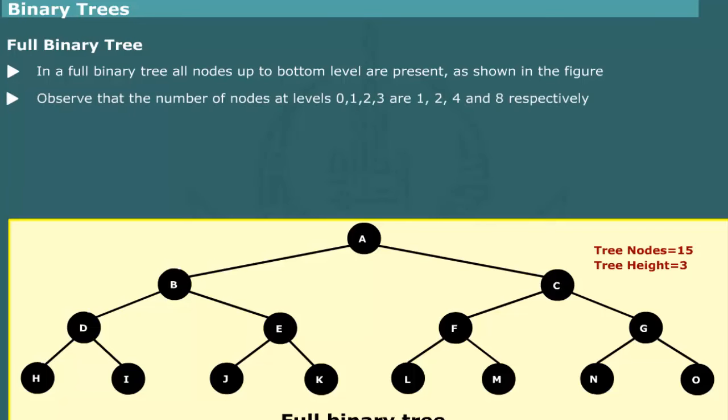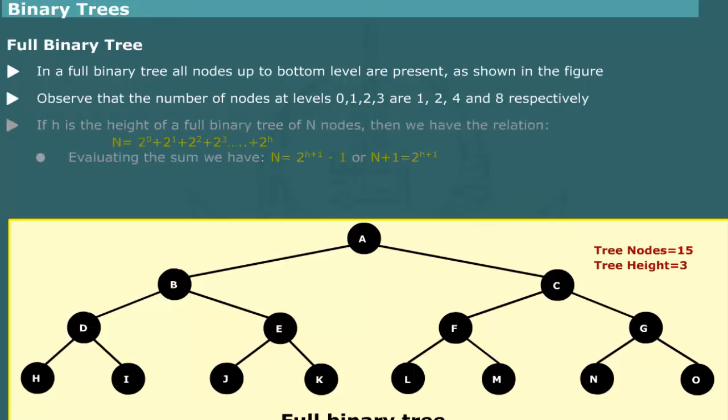Notice that in a full binary tree, the number of nodes at level 0, 1, 2, 3 are 1, 2, 4 and 8 respectively. We can use this observation to compute the total number of nodes in full trees of given height h.